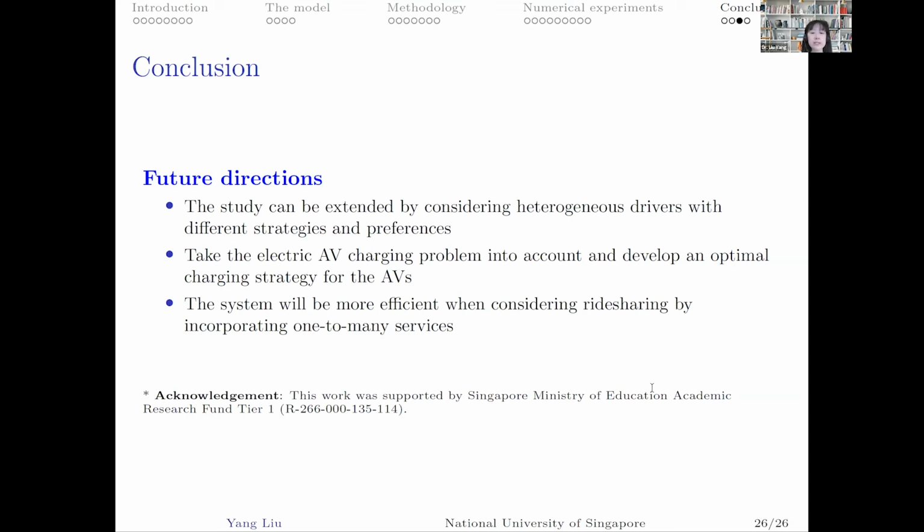Also, this system will be more efficient if we can incorporate the one-to-many matching problem, so that one vehicle can go pick up multiple passengers in the same direction, so that we can further save the space of the private vehicle. Okay, so this is the end of my presentation.